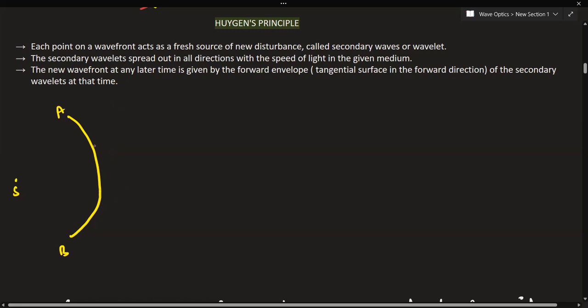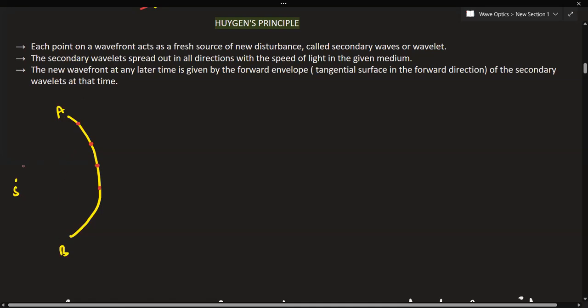According to Huygens principle, each point on AB, this wavefront, becomes a source of secondary disturbance. So each point is now acting as a source. This was the primary source that was generating a wavefront.